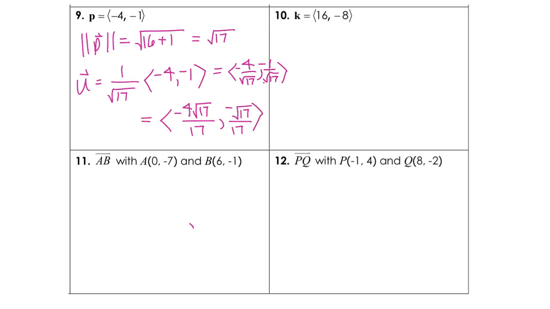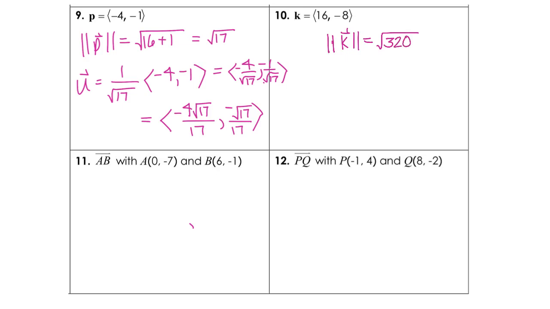All right, so looking at number 10, again, we're going to go through that same process. The first thing we need to do is find the magnitude of vector k, and that's going to be the square root of 16 squared plus negative 8 all squared. So it's going to give you the square root of 320.